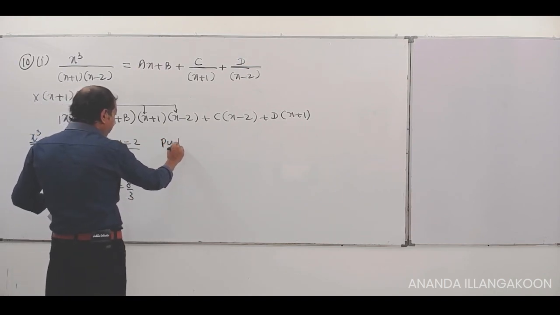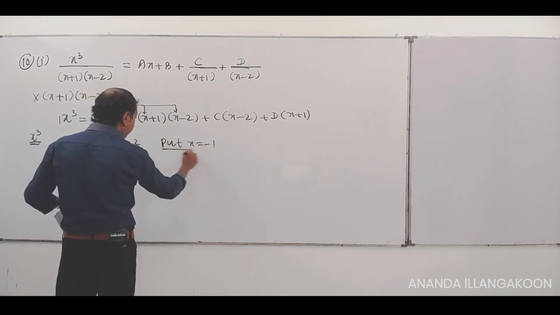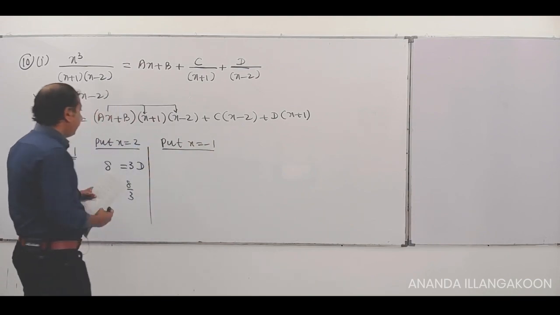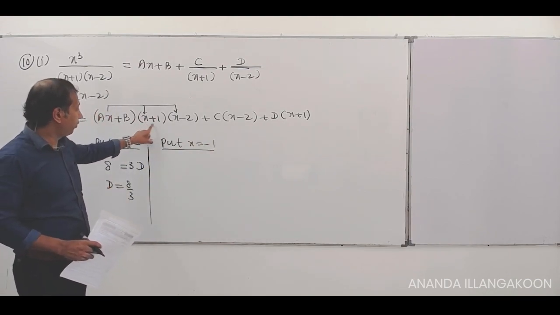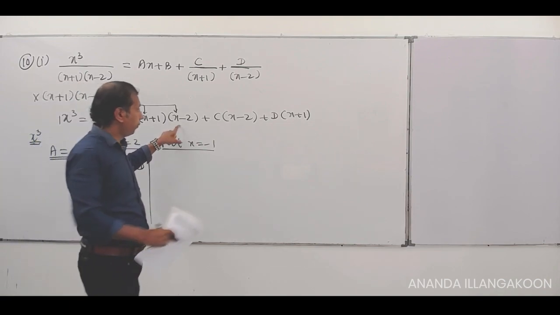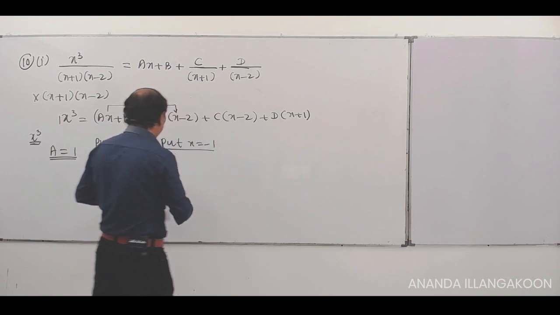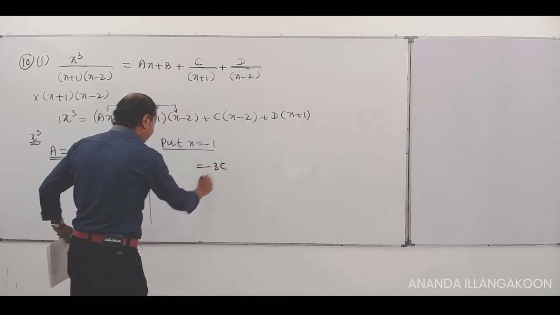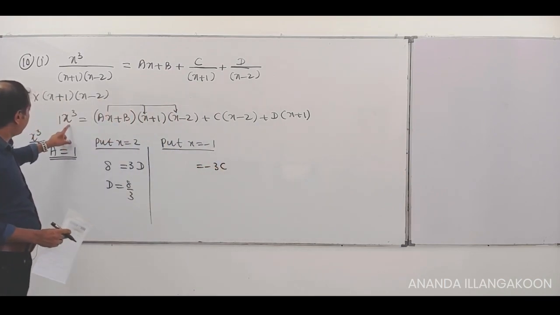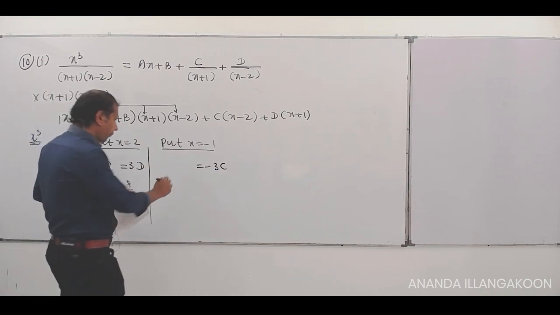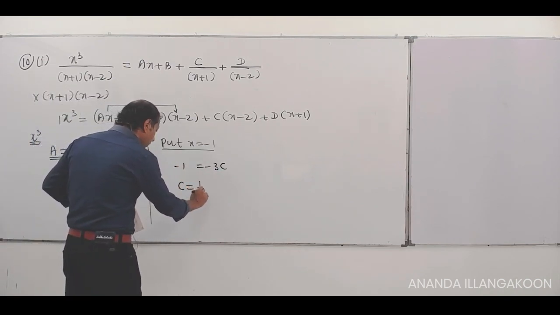Next put x equals minus 1. When you put x equals minus 1, minus 1 plus 1 is 0, then the entire product is 0. This is also 0. Minus 1 brings here minus 3c. Minus 1 to the power 3 is minus 1. C is 1/3.